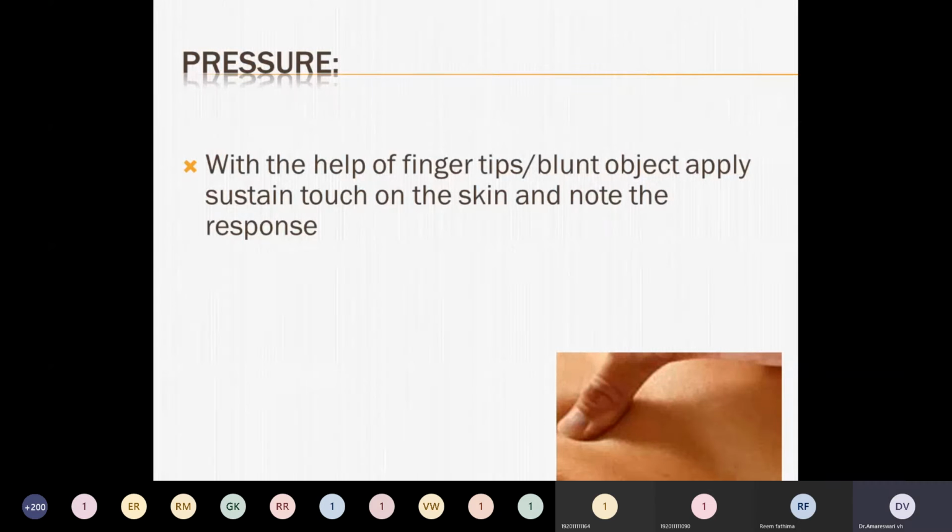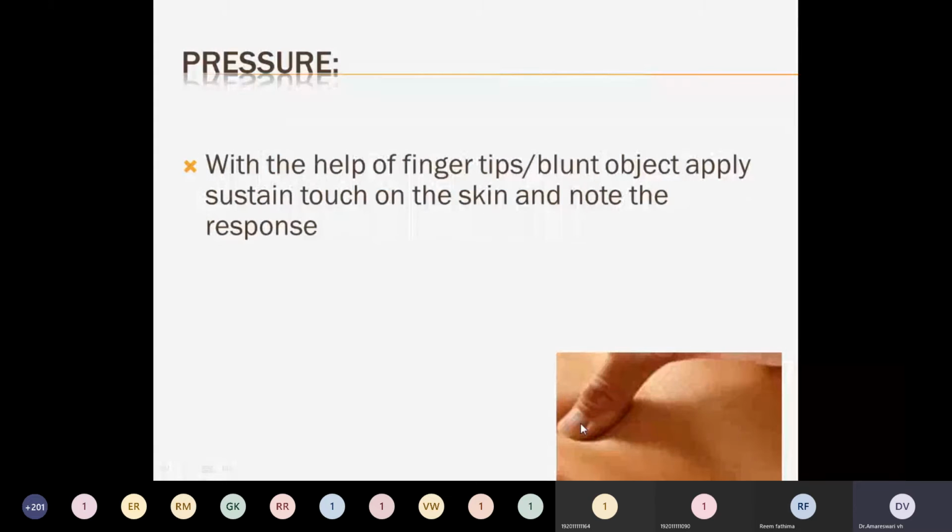Okay, pressure. With the help of fingertips or a blunt object, apply sustained touch on the skin and note the response. Here also you can use the fingertip, but you are not taking the fingertip away immediately.